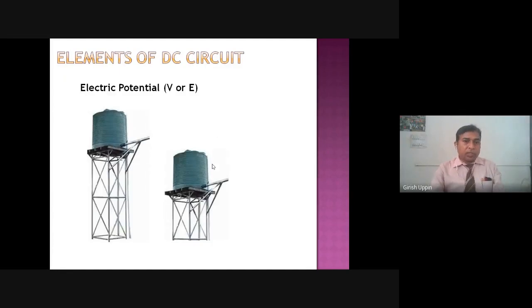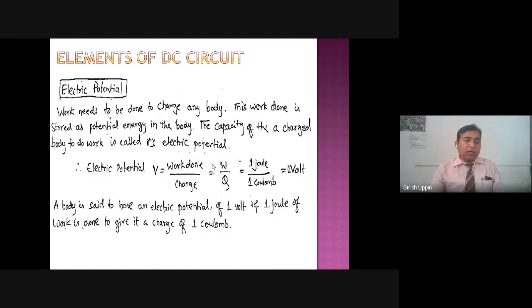We understood what is the electric potential. Electric potential is nothing but the capacity of the charged body to do work in an electrical circuit. So we have to do a certain amount of work to charge a body, and once we charge the body, that work is stored in terms of a potential energy. And once it has a potential energy, it has a capacity to do the work.